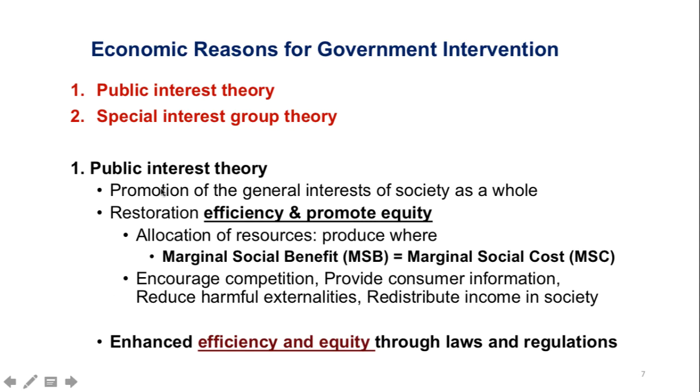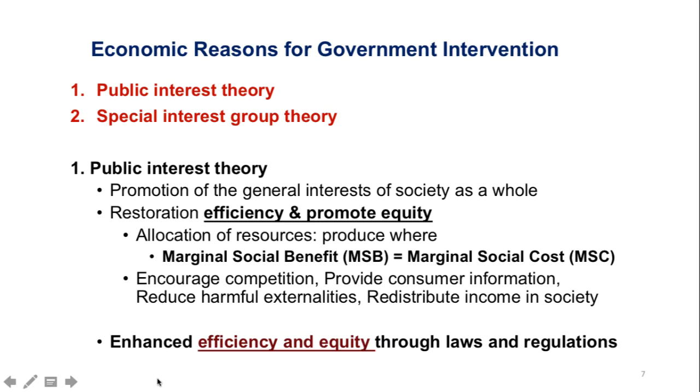So the government encourages competition, provides consumers information, reduces harmful externalities, of course encourages positive externalities, and redistributes income in society. Now, in summary, the government's role is to enhance efficiency and equity through laws and regulations.